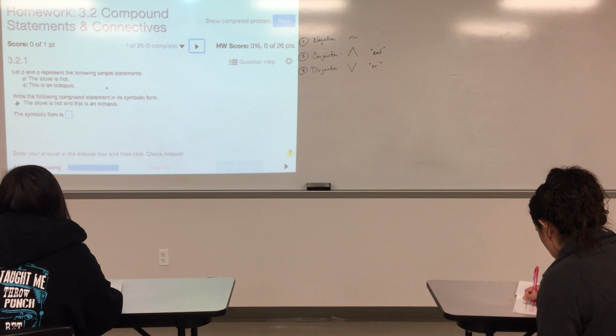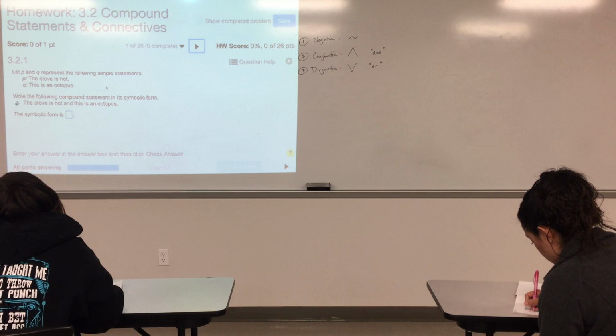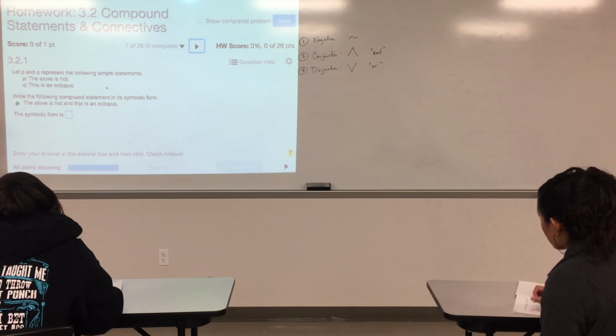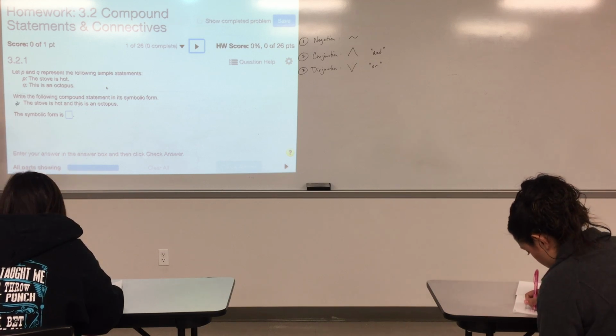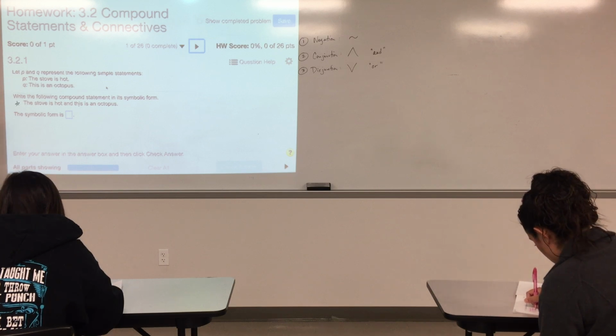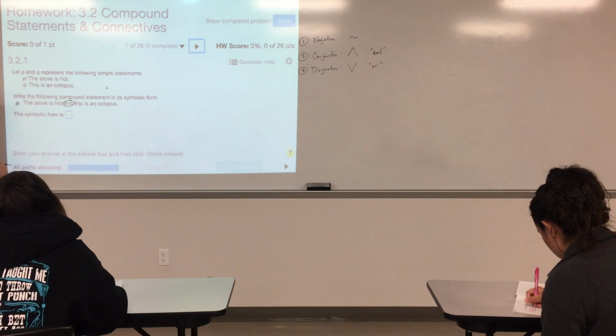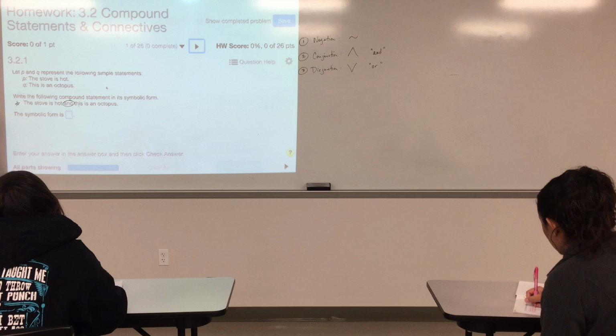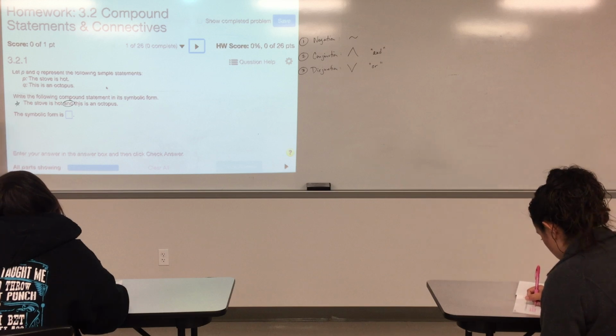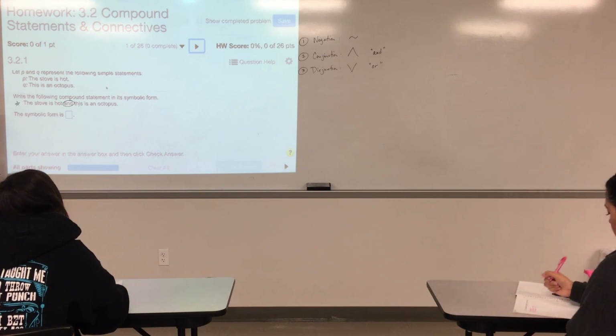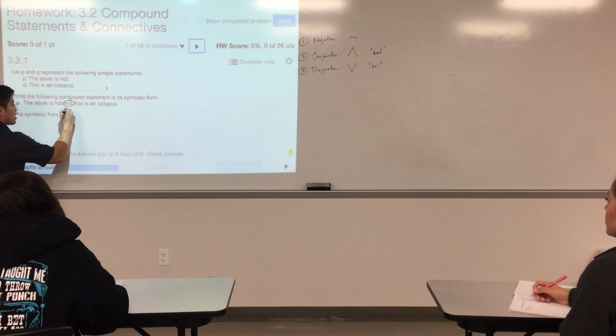So a moment ago, I said that the word and means a conjunction. The word or means a disjunction. You can see that in this problem, we have the word and in there, meaning that we're going to be using a conjunction to describe our answer.